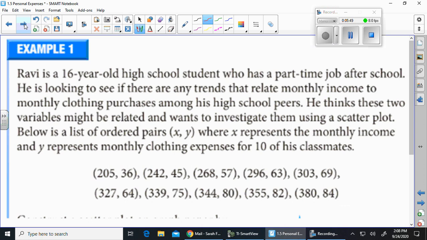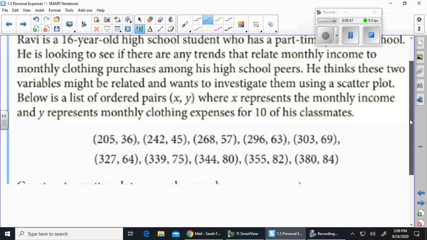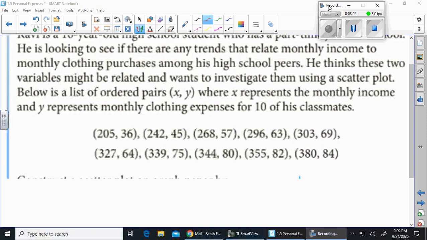So just as an example before we really do the math part. Ravi is a 16-year-old. He has a part-time job after school. He's looking to see if there are any trends that relate monthly income to monthly clothing purchases among his peers. He thinks they might be related. So he has X, Y. This is income, and this is money spent on clothes.